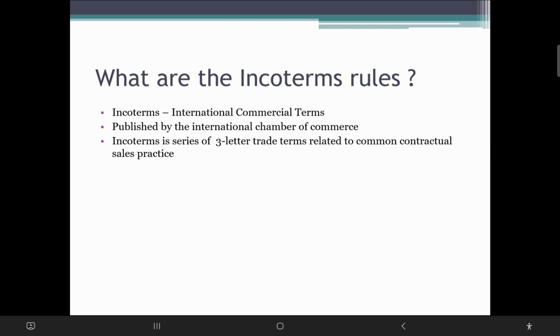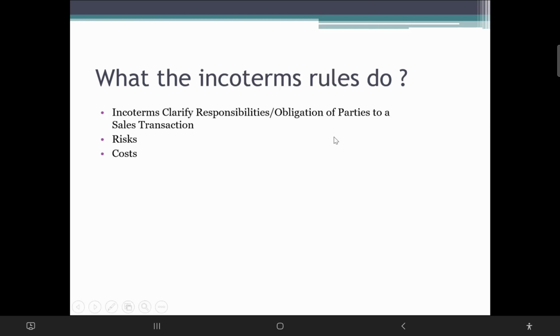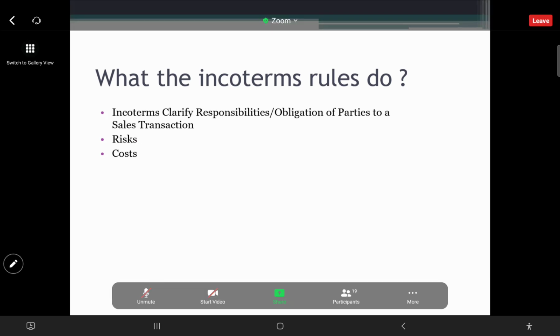The practice could be local or international. What do the Incoterms rules do? Incoterms clarify the obligations or responsibilities of parties to a sales transaction. Here the parties are buyer and seller locally, and exporter and importer internationally. It also talks about risk and cost.